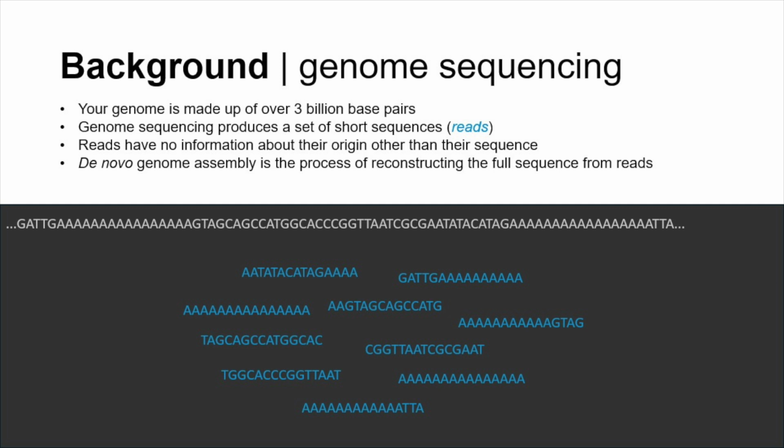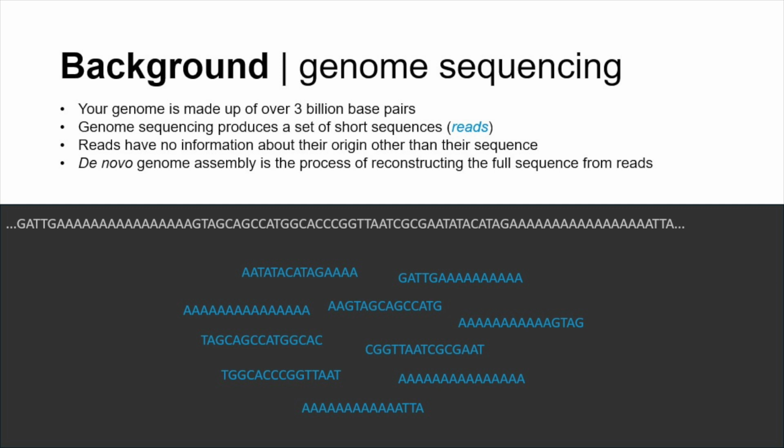And the trick is, though, that those little sequences don't really have a lot of information about their origin other than the sequence itself. So think of it as like a bag of words. You sequence the genome, you get this big bag of short little sequences.